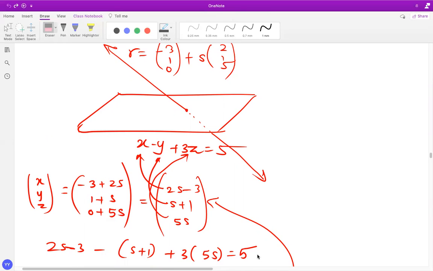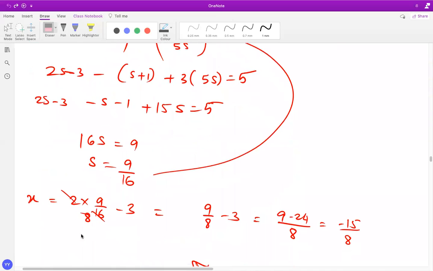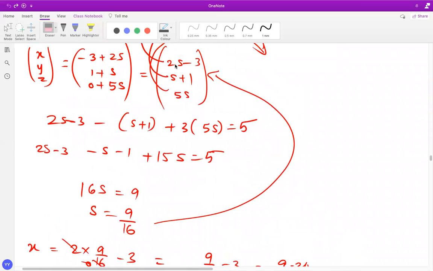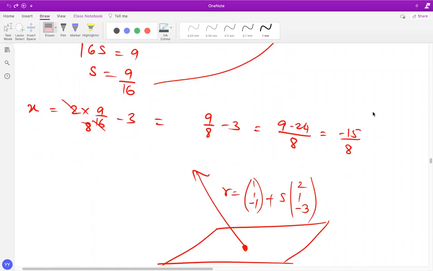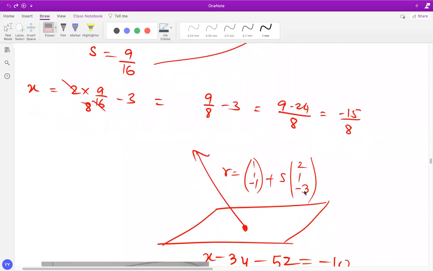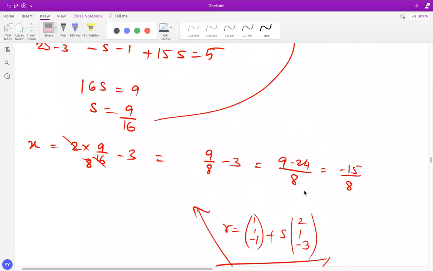Then you input these coordinates for x, y, z into the plane equation, and once you solve it, you get the exact s value. The s value I'm getting here is, let's say, 9/16. Then you plug the s value into the x, y and z coordinates, and you get the exact coordinates of the point where the line and the plane intersect.